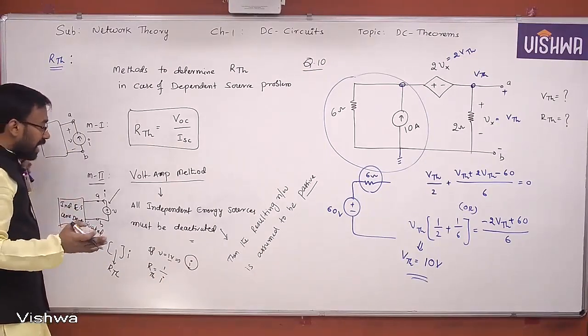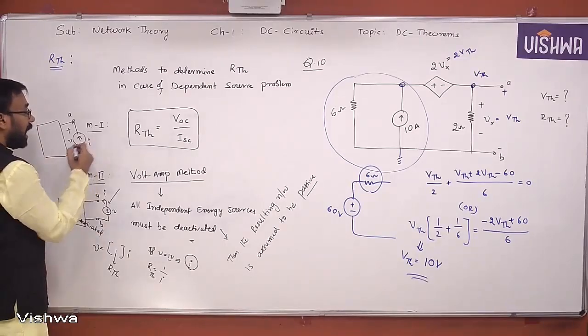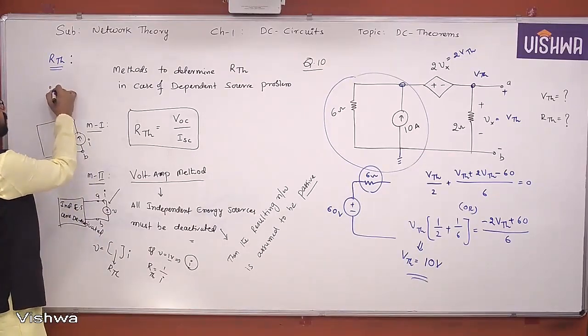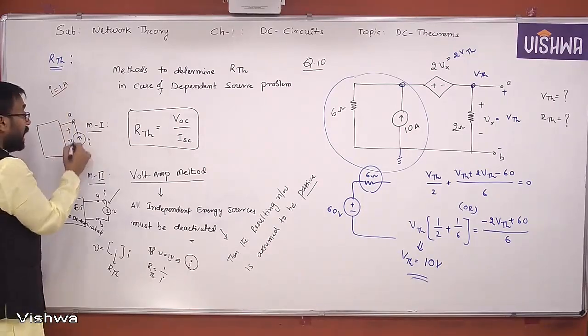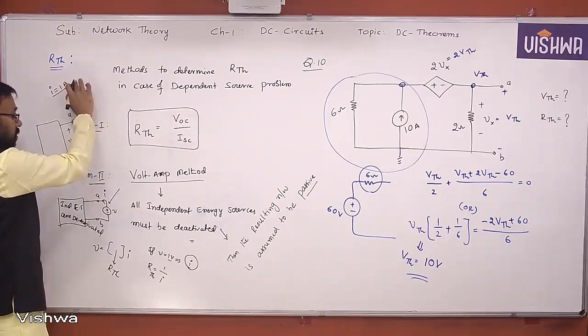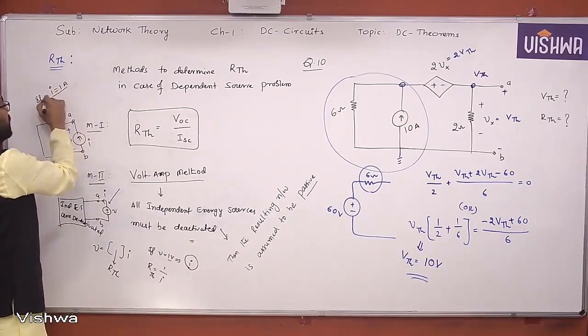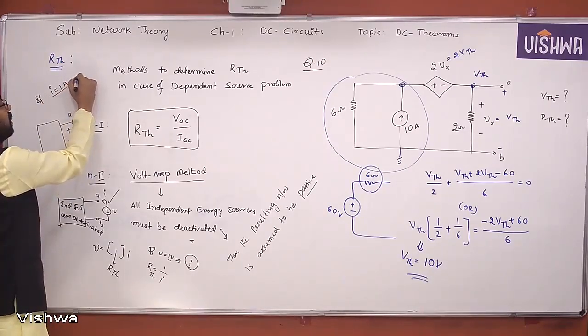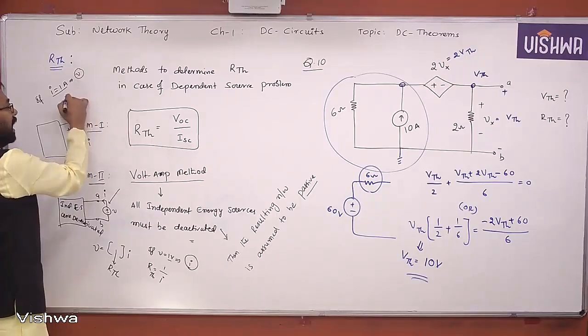Okay. Some people assume I is equal to 1 ampere. I is equal to 1 ampere. And they find again the voltage value here. With this, if I is equal to 1 ampere is taken, then you calculate V, right? Then again, what is resistance?